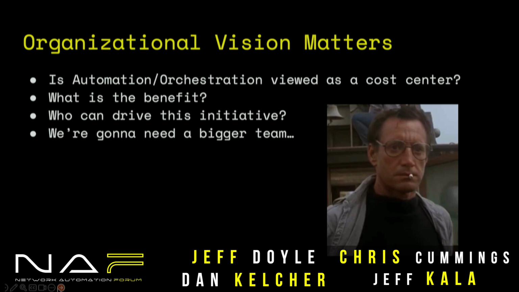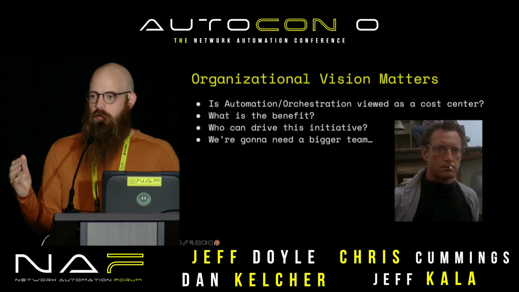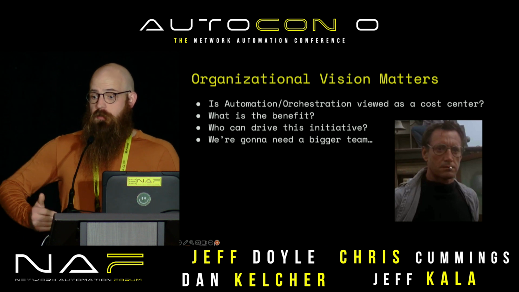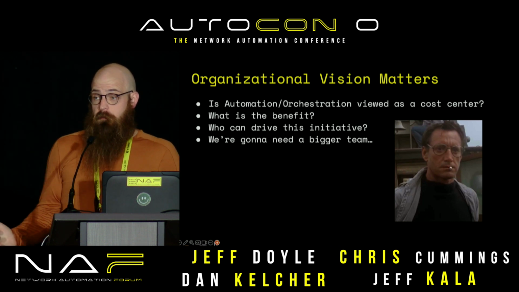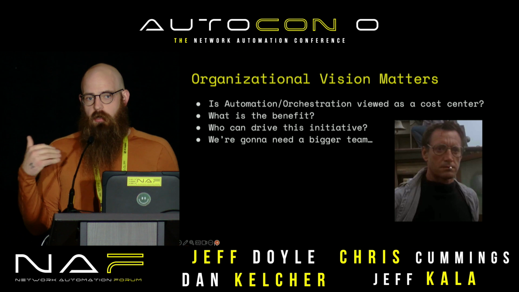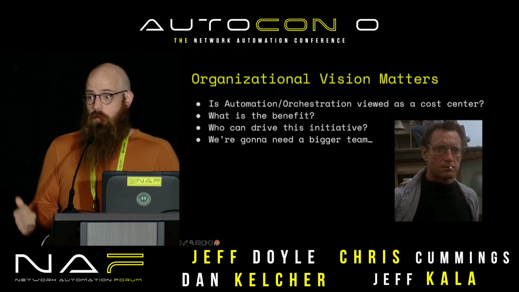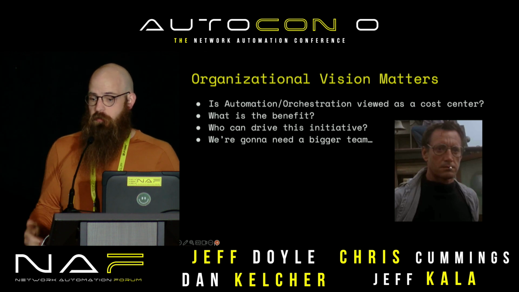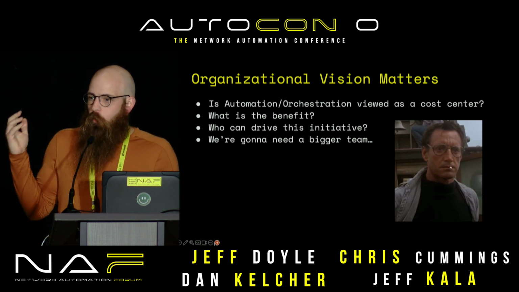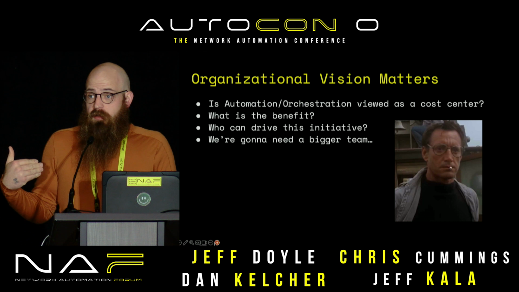Even if you are in a networking organization, though, you still have this problem when you're on an automation and orchestration team, that you aren't necessarily the core product being offered. So you need to figure out how to actually sell the benefits of what you're doing for the organization to the higher ups and make sure that orchestration and automation are actually viewed as integral parts of making widgets or delivering network services or whatever it is we try to do. Really talk to them about what's the benefit. For us, it's consistency.